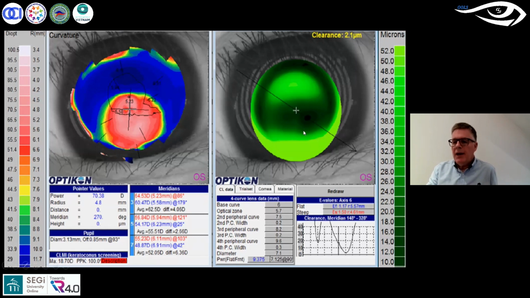We can see here that our corneal clearance centrally is as little as 2 microns, and if we go a little bit further down, that possibly would have been a full impact on the corneal tissue. We had around about 100 practitioners who were unable to achieve a satisfactory fitting with a virtual fitting program.